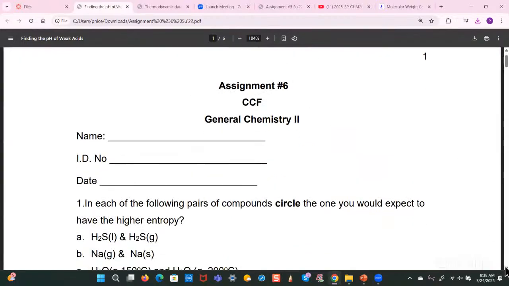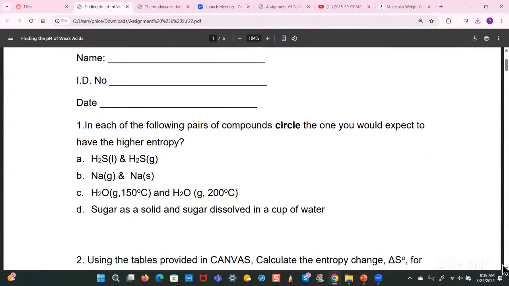Now, in this case, the question is giving you pairs of compounds, and they're asking you to tell which one has the higher entropy. A, H2S liquid versus H2S gas. Circle the one that has a higher entropy. Which one has a higher entropy in the case of A? H2S gas.